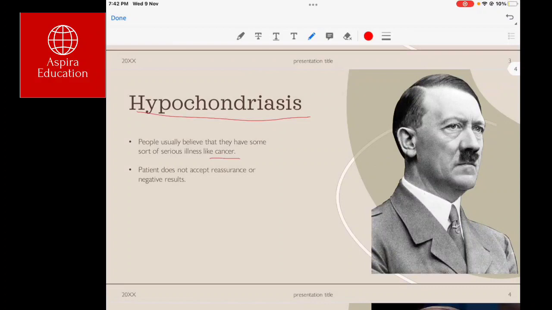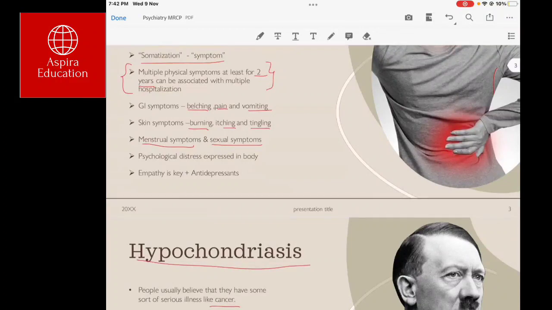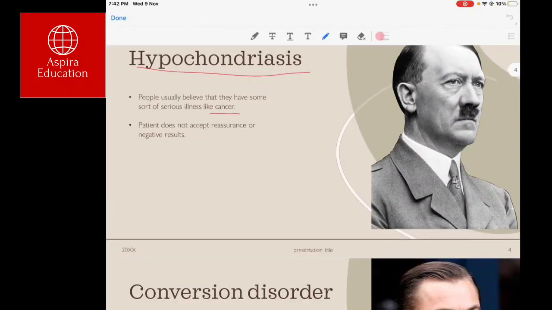And as soon as the doctor says the results have come negative, so you're free to go, you're not suffering from any breast cancer or any uterine cancer, the patient will very conveniently change the doctor. Instead of going to a psychiatrist, they do something called doctor shopping. They keep jumping from one doctor to another doctor. They will never accept reassurance or negative results.